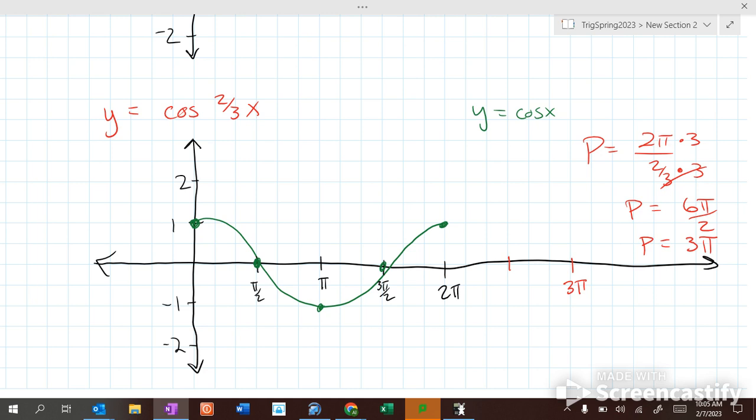So what's the reciprocal of 2/3? So I'm going to multiply each point by 3 over 2. So what's 0 times 3 halves? 0. What's 3 squares times 3 halves? 9 halves or 4.5.